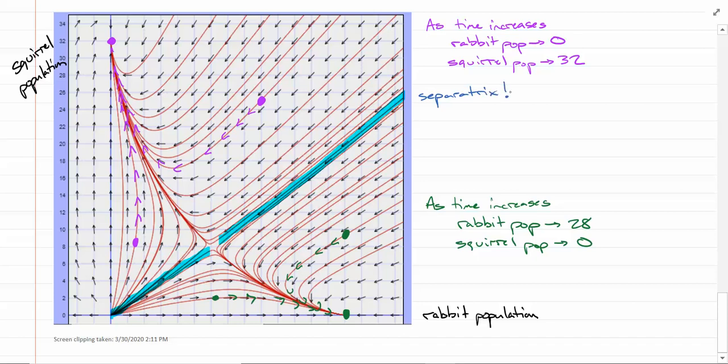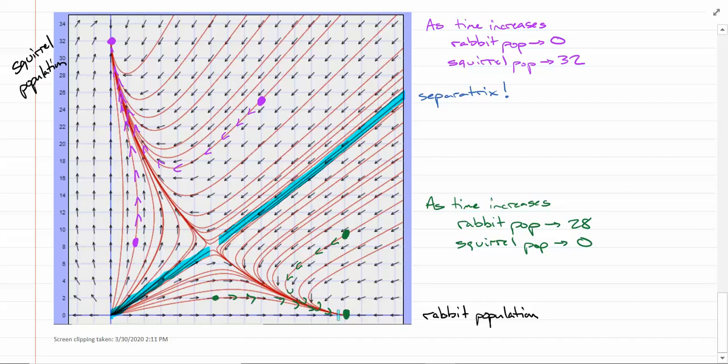And what that does is it kind of separates the plane into two halves. If you are above the separatrix, then your solutions are going to approach the equilibrium where the squirrels win. If you are below the separatrix, you are going to approach the other equilibrium point where the rabbits win.